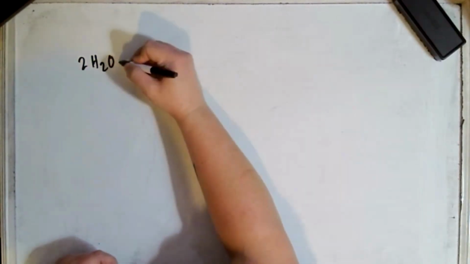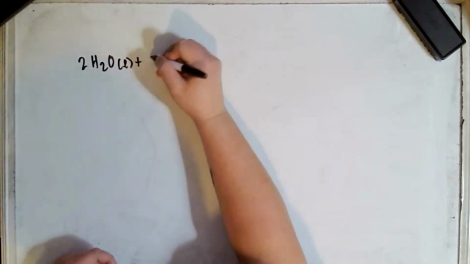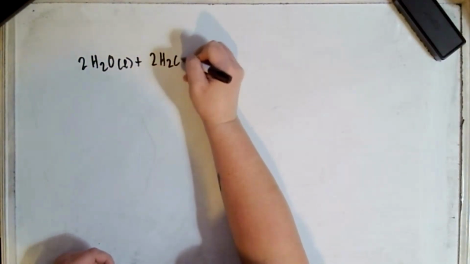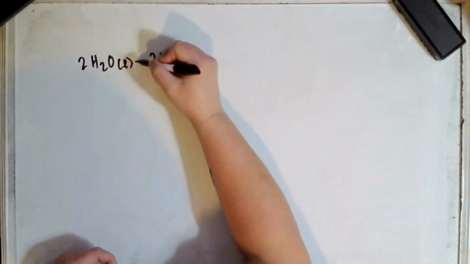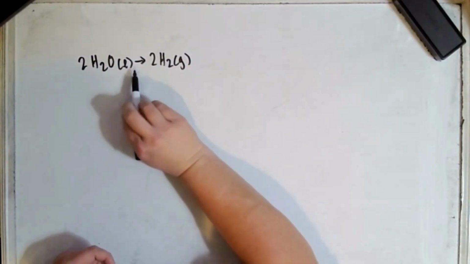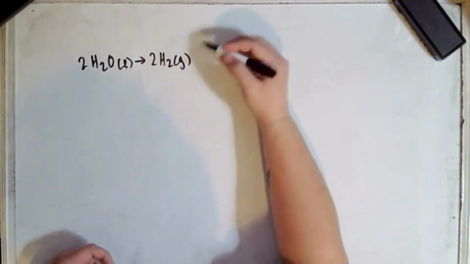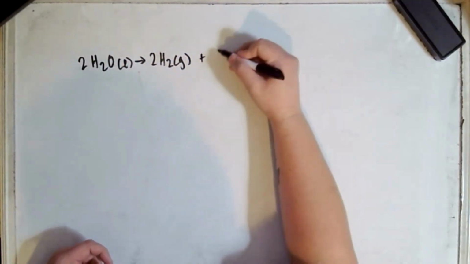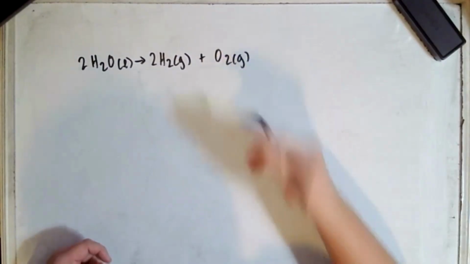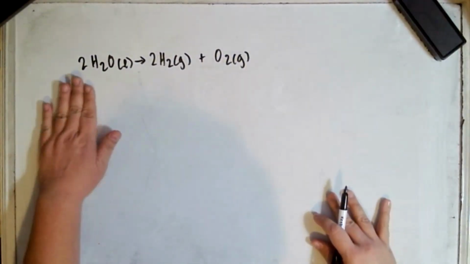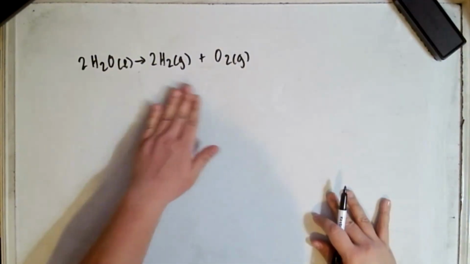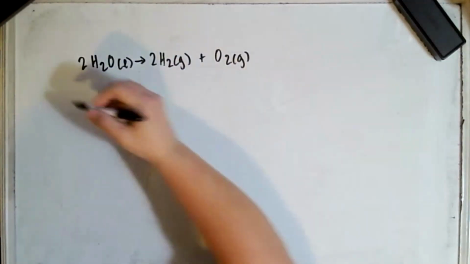When you look at this reaction, 2H2O liquid produces 2H2 gas plus O2 gas. We already know how to read that reaction. 2 moles of water produces 2 moles of hydrogen plus 1 mole of oxygen.